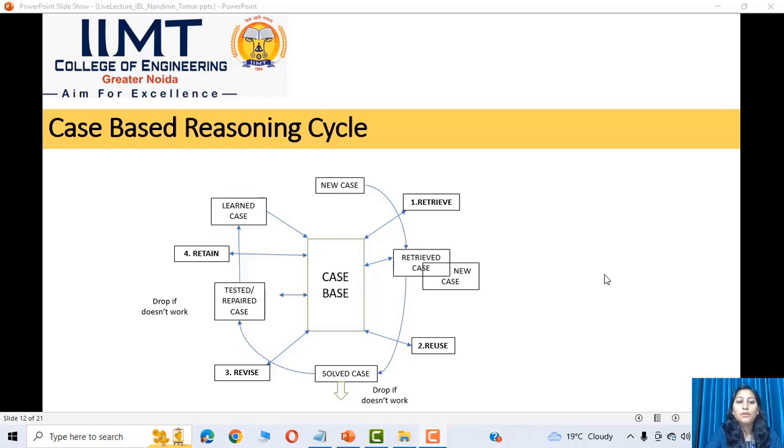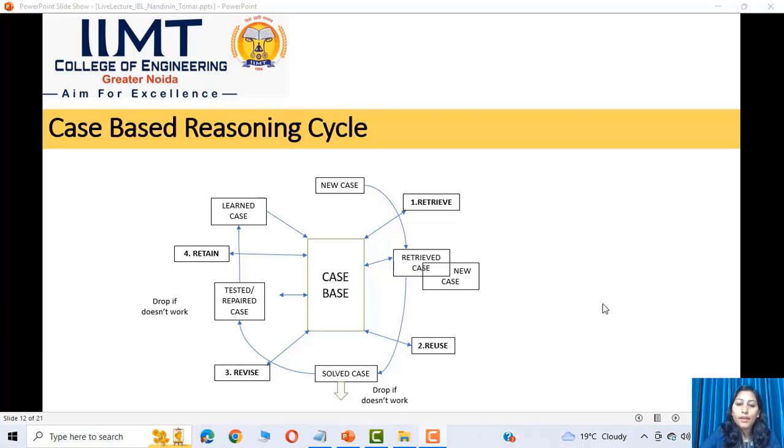Next, we'll discuss the case-based reasoning cycle. CBR is a model of learning and reasoning. It comprises four main steps. First is retrieve, second is reuse, third is revise, and the final one is retain. First, as defined in the given model, a new case arrives in the system.